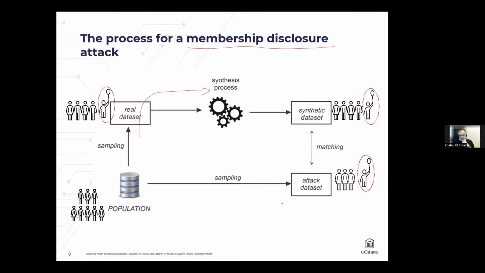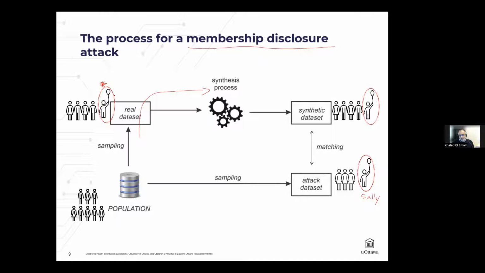At the same time, an attacker draws another sample from the same population, and let's say this person here is Sally, and what the attacker wants to know is whether this Sally in the attack data set was in the real data set, was part of the training data set. So that's called membership disclosure.